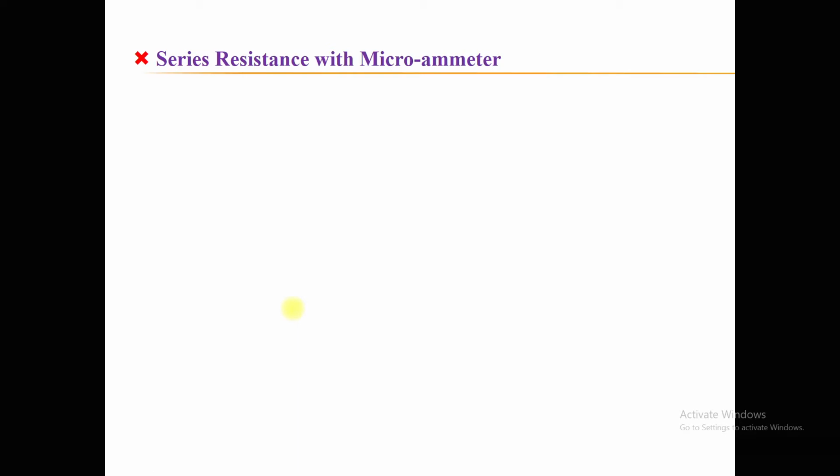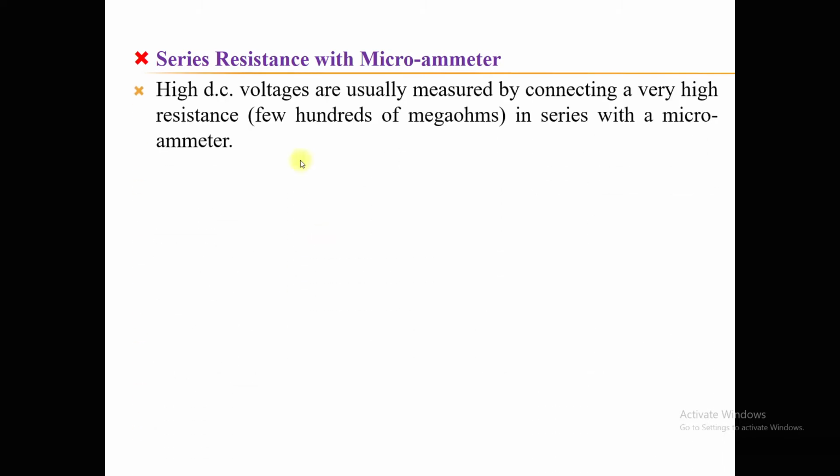So let us start with the first method, series resistance with microammeter. Usually this method is used to measure high DC voltages in high voltage laboratories. The resistors used vary from a few hundred ohms to several megaohms. As we are talking about measurement of high voltages, the resistance you select should normally be in megaohms.